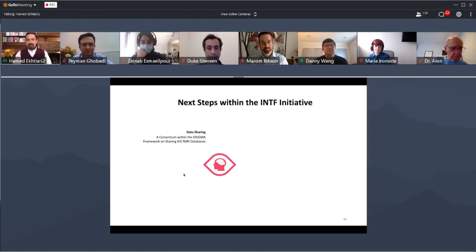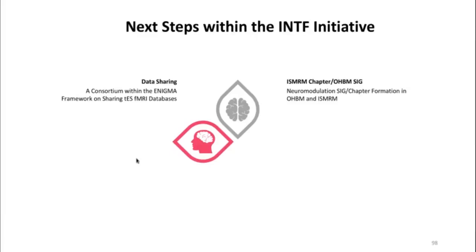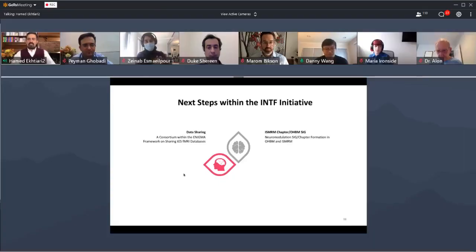The other option would be having a specific chapter in ISMRM, as Danny has mentioned, or a specific special interest group within the OHBM community, to push this agenda forward, make sure that we are well connected, and support other labs around the world to do quality research.